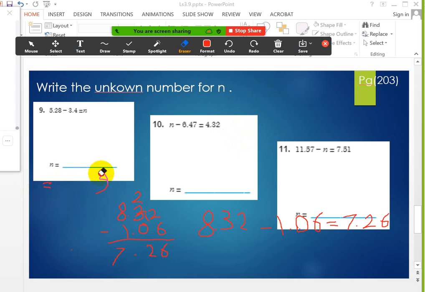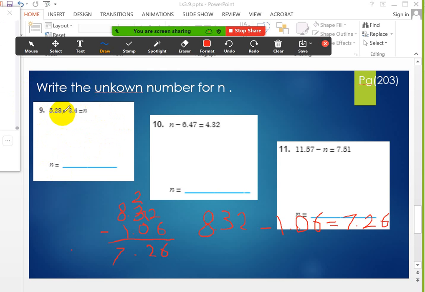Now, so let's start to find the unknown number for n. N is an unknown number. So n is 5.28 minus 3.4 equals n. That means n equals the answer for this subtraction.